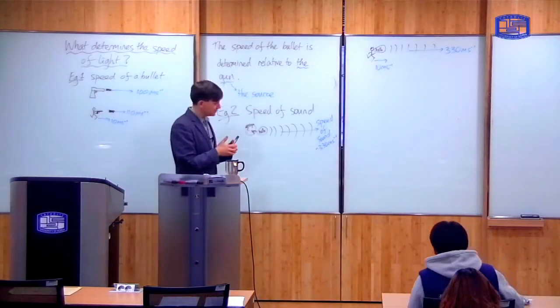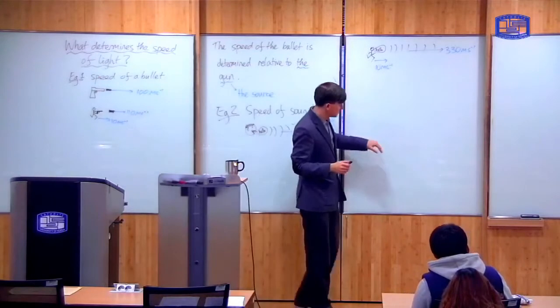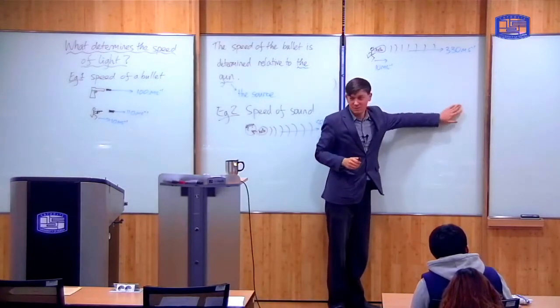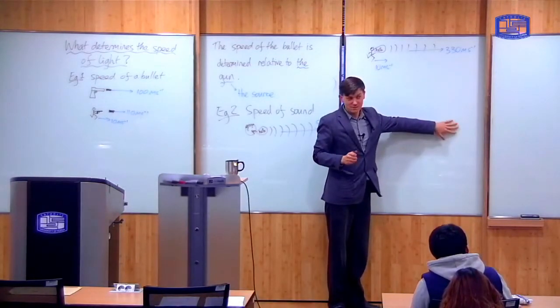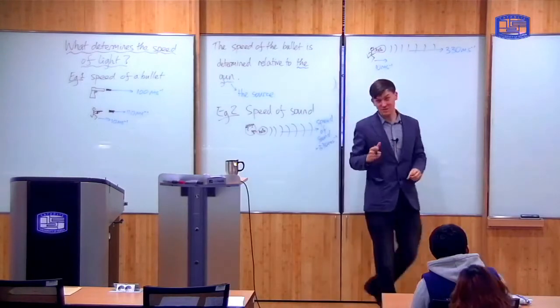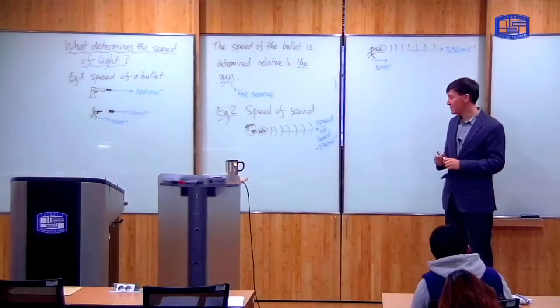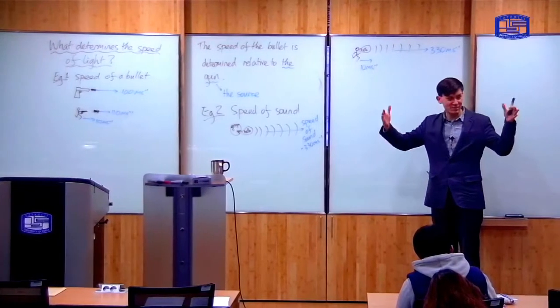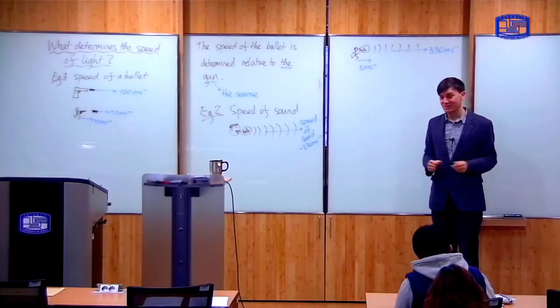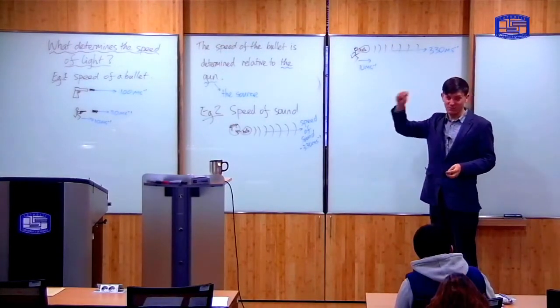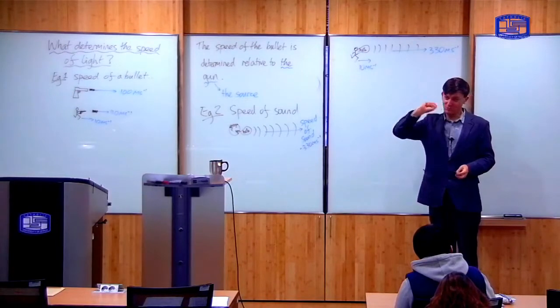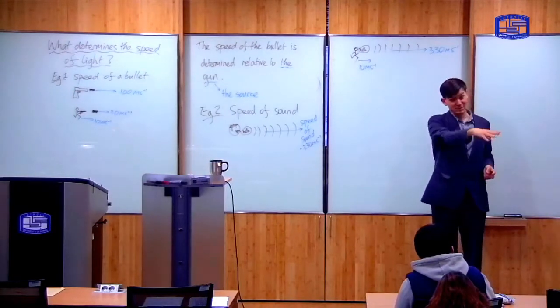What is the speed of sound determined by? The air. In particular, the frame in which the air is stationary. The air in this room is stationary, so therefore sound travels with an equal speed in all directions.